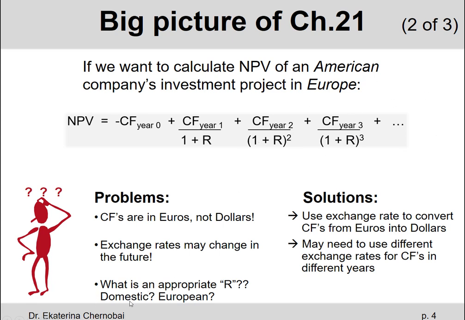Is it the return required for similar projects domestically or in Europe? The solution to this problem is we may need to somehow incorporate the information on both the European and the American required returns in our net present value calculations.